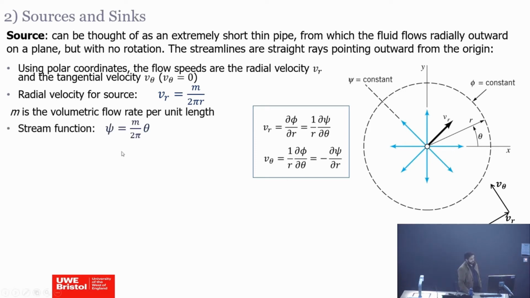So the stream function could be shown to be psi equal m over 2 pi theta. Let me just do that very quickly. Just another integral. So we have the radial speed VR is m over 2 pi r.